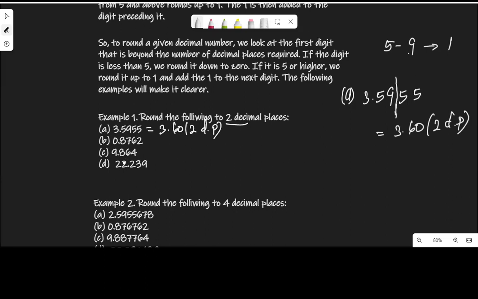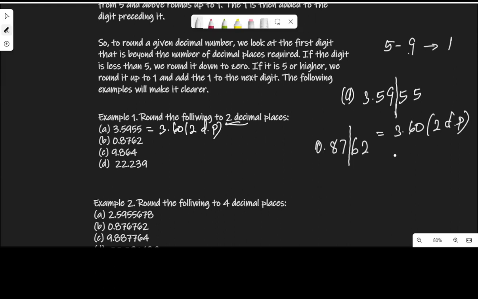Question B, we have 0.8762. Want to round to what? 2 decimal places. This is the position of 2 decimal places. Then the next number to it is 6, which is in this range, so it's going to round to 1. 1 then adds to this 7, which is 8.